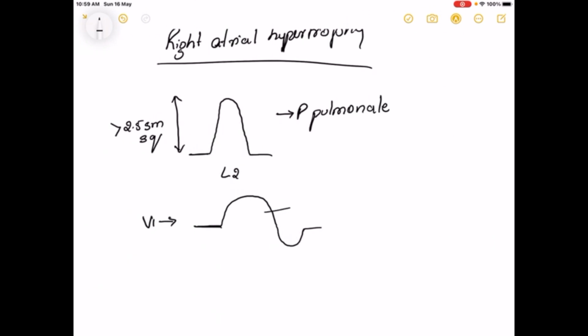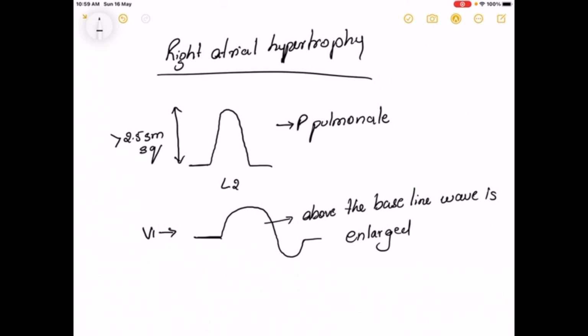So here above the baseline the wave is enlarged. This is what is seen in right atrial hypertrophy. So there is P pulmonale, where the length of the P wave is more than 2.5 small squares in lead 2, and in V1 above the baseline the wave is enlarged.